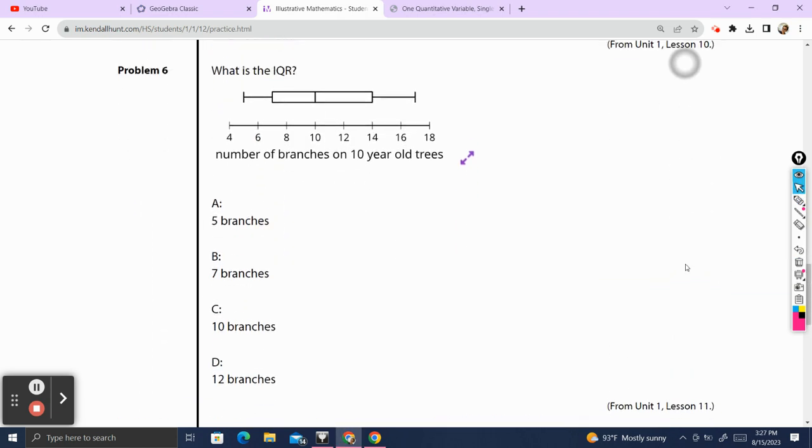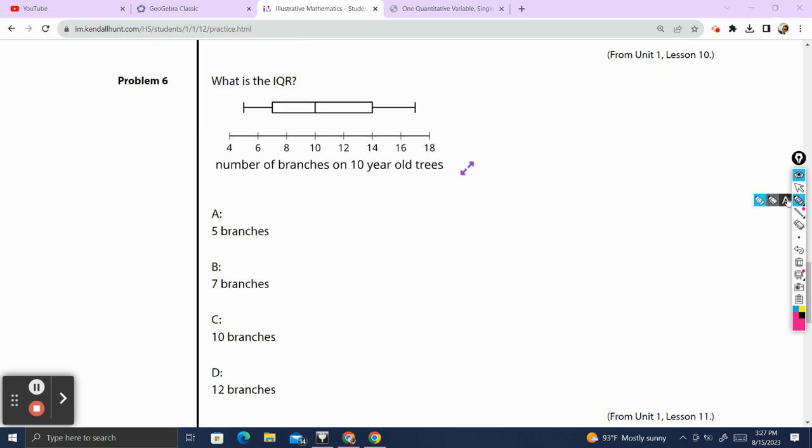Problem number 6. What is our IQR? I like finding IQRs from box plots because it is just this distance over here. So over here, this is 7, and here, this is 14, which means the distance in between is 7, and that's going to be our IQR. The reason I know this is this is my Q3, this is my Q1, this is my min, this is my max, and this is my median.